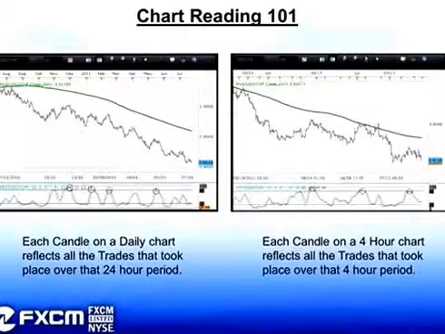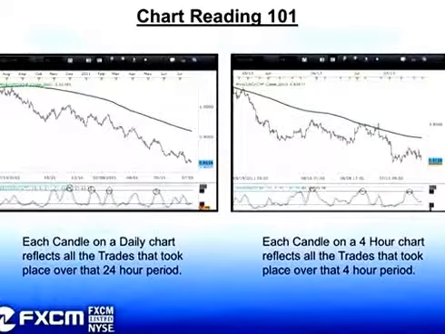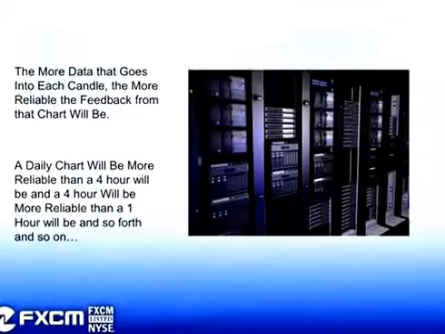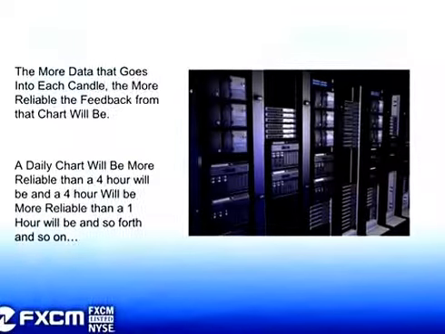This is why I'm getting to the lady's question over here about the reliability of the candles and why we would want to trade off longer term charts. The more data that goes into each candle, the more reliable the feedback from the chart will be. A daily chart will be more reliable than a 4-hour, a 4-hour more reliable than a 1-hour, a 1-hour more reliable than a 15-minute, a 15-minute more reliable than a 5, and so forth, simply because there's more data.